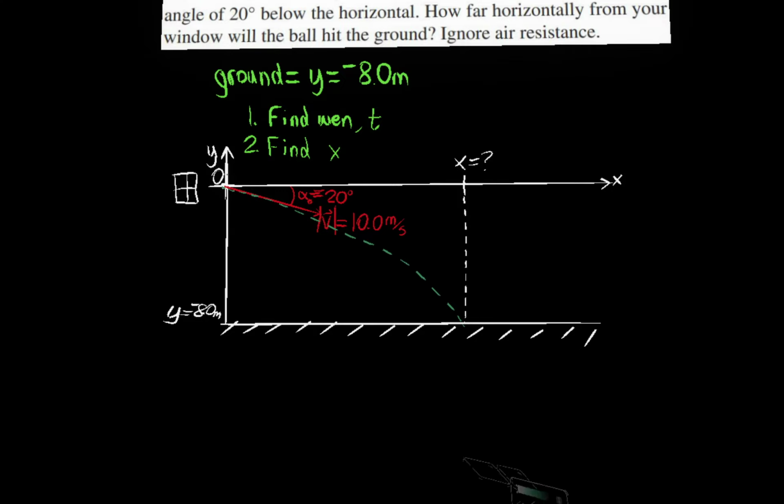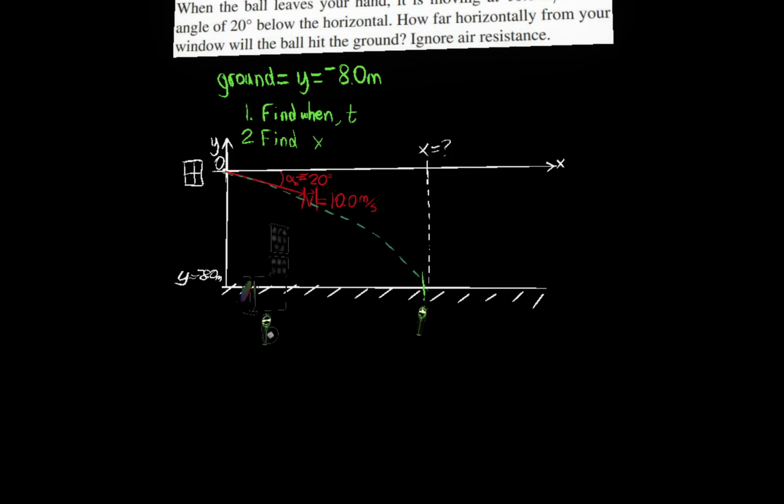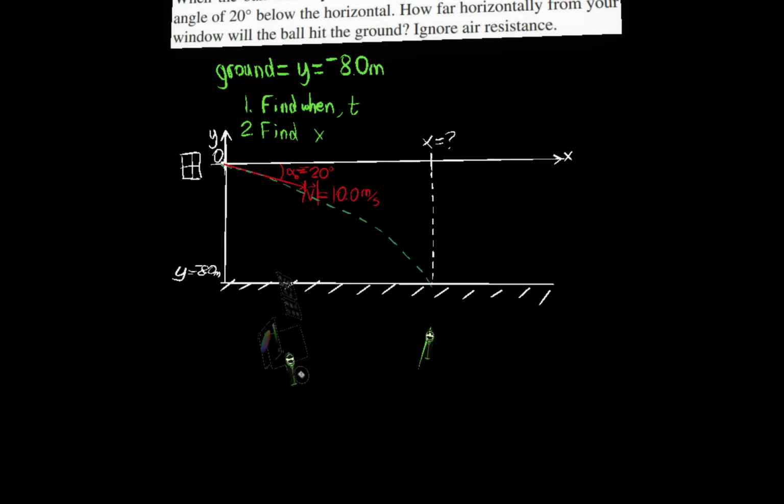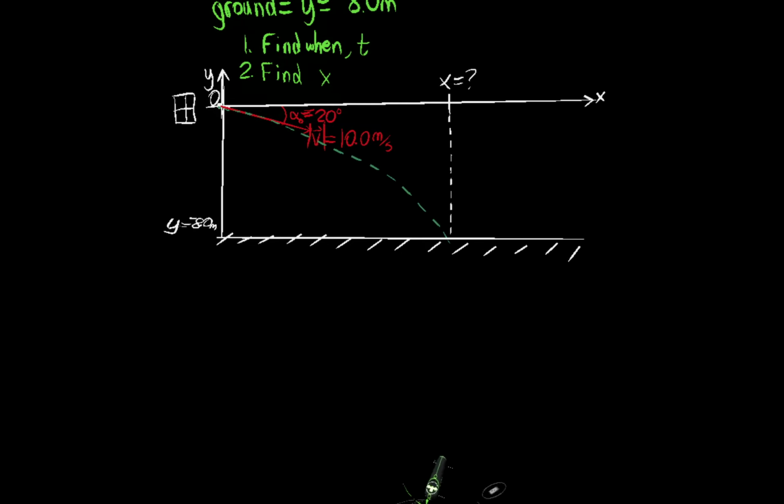That's the value of x that we're searching for. But first we have to find when. Then find x at that t. So how do we find when? So first, what is the condition when this event occurs, right? When this occurs, what is true?